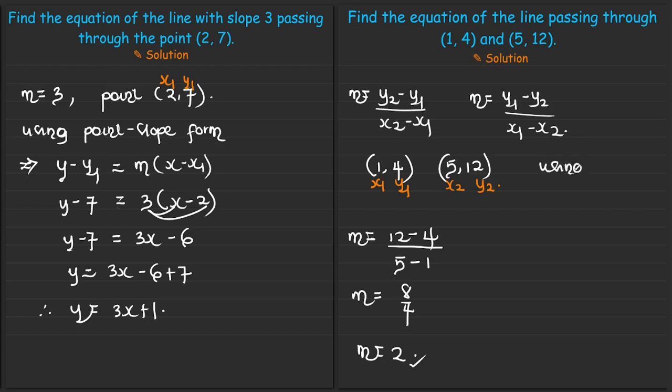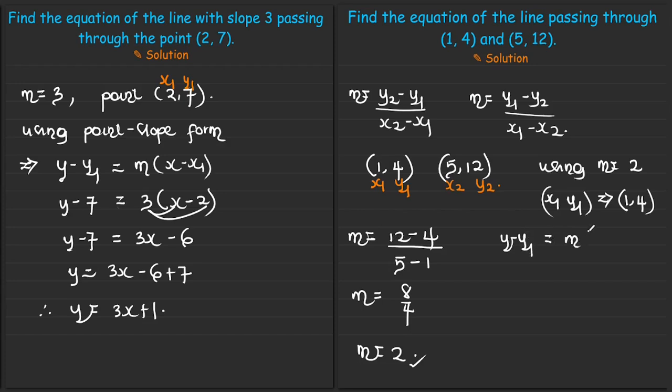So using m equals 2 and then x1, y1 being (1, 4).